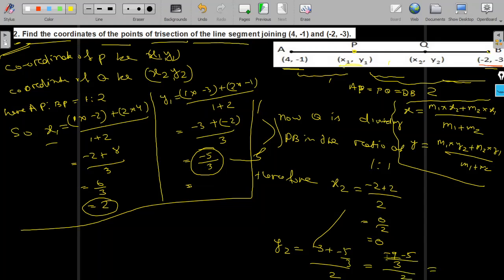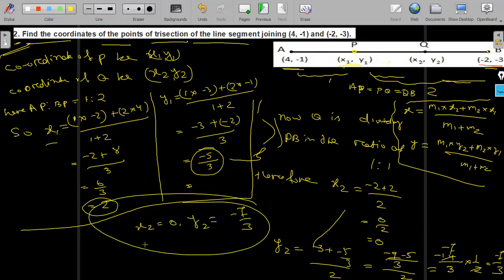So minus 9 minus 5 is minus 14 divided by 3, into 1 by 2. Now you can cancel it, so it will be equal to minus 7 by 3. So you have got x2 equal to 0, y2 equal to minus 7 by 3.